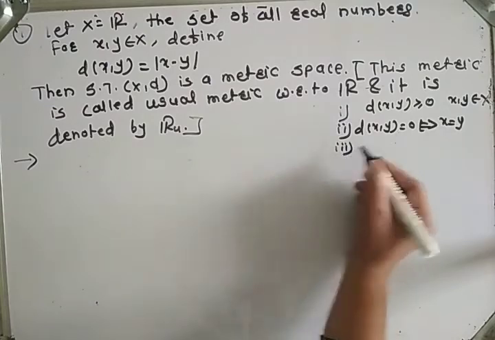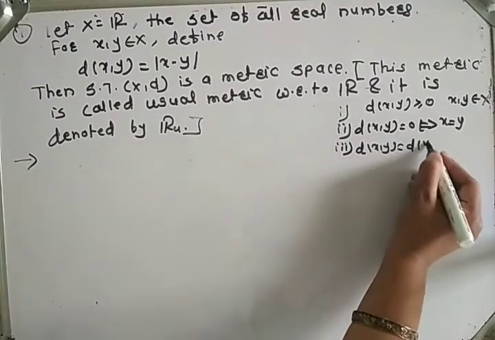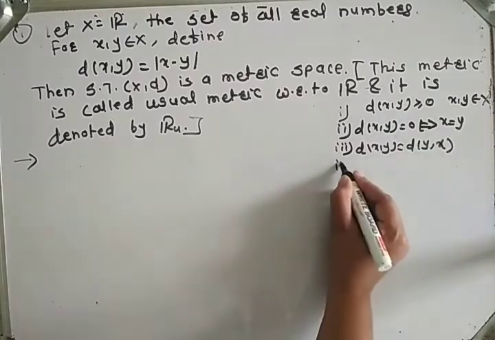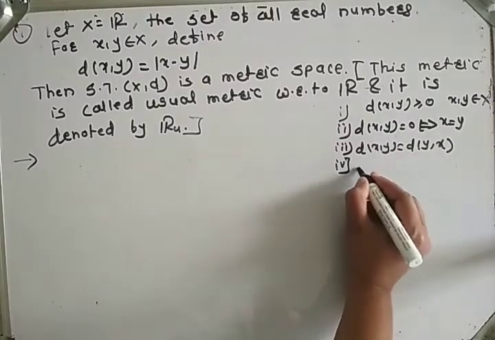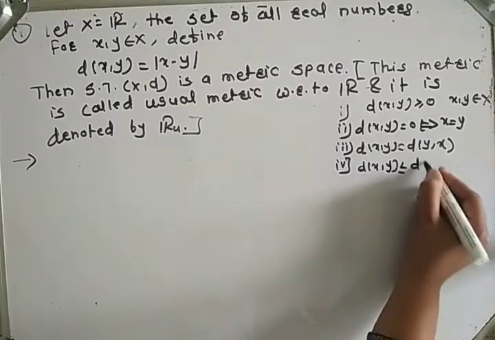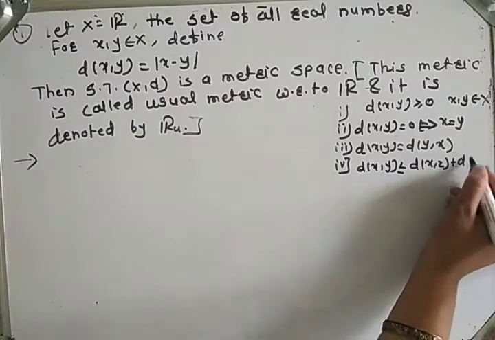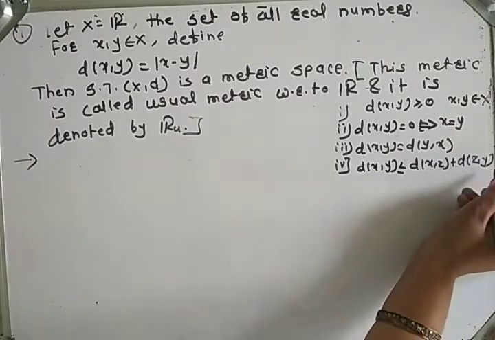Third property is d of x comma y is equal to d of y comma x. And fourth one is d of x comma y is less than or equal to d of x comma z plus d of z comma y.